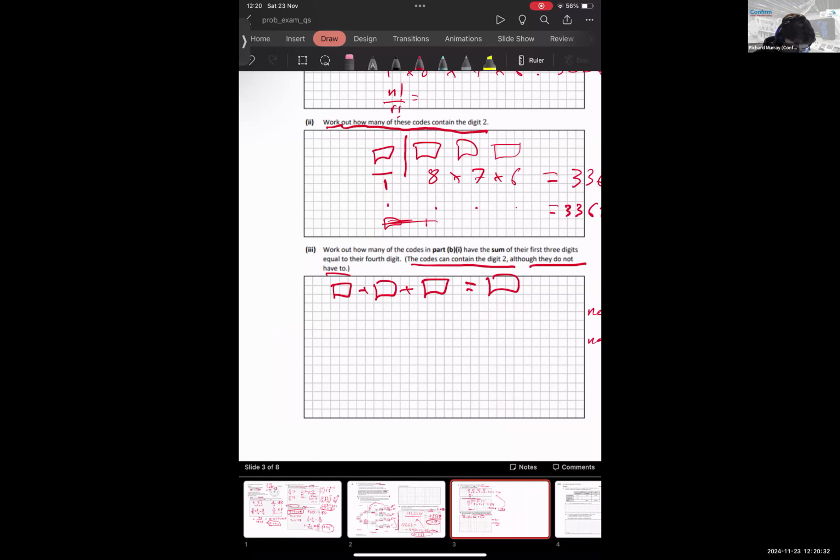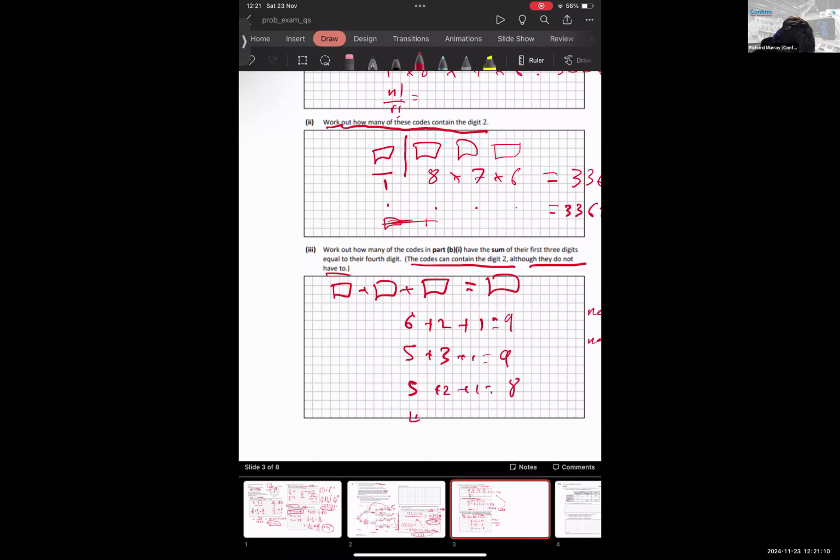The way that you should approach this is figure out what viable values for large numbers you can have in this last box. So we can put a 9 in there, which we can make up of a 6 plus a 2 plus a 1 equals 9. We can do a 9 with a 5 plus a 3 plus a 1. We can also do 8: 5 plus 2 plus 1 is 8.